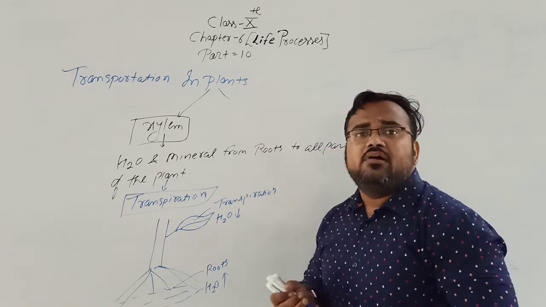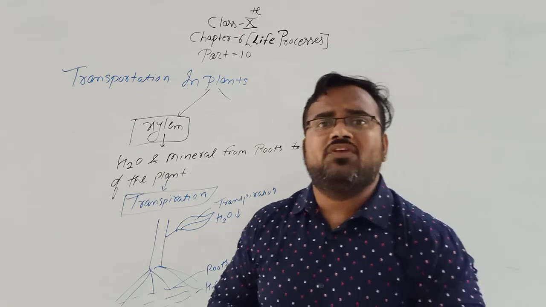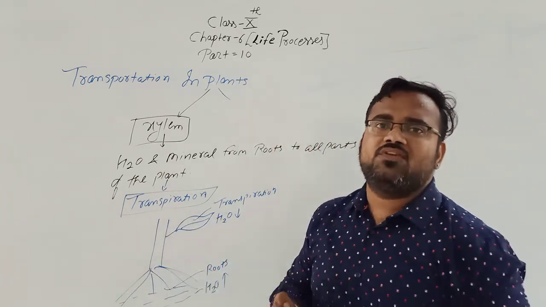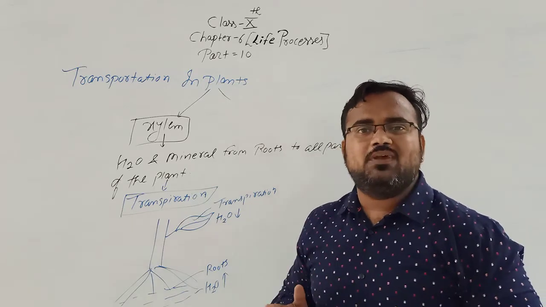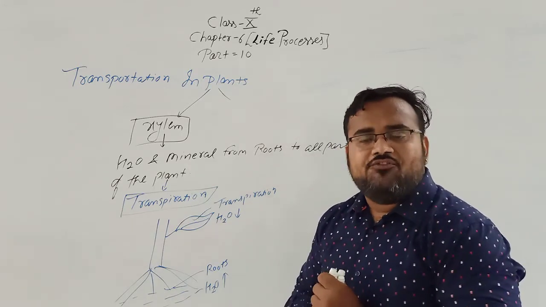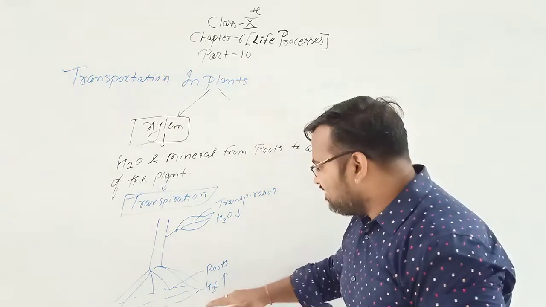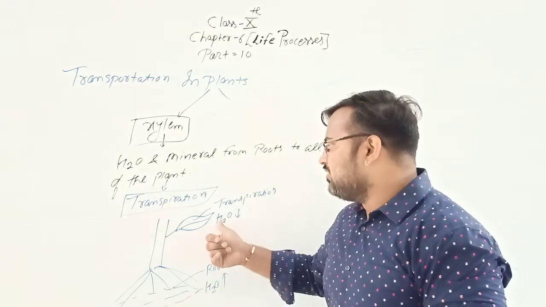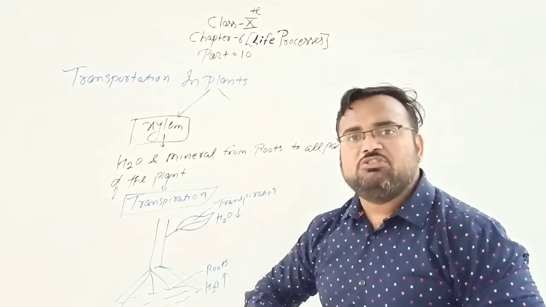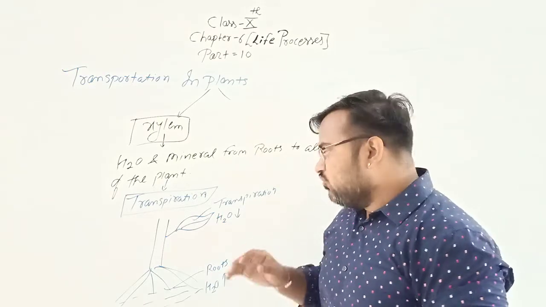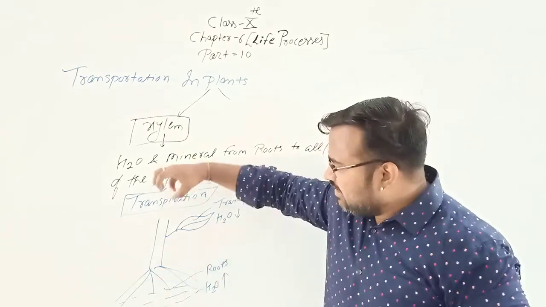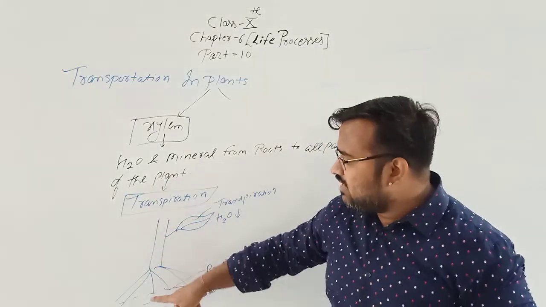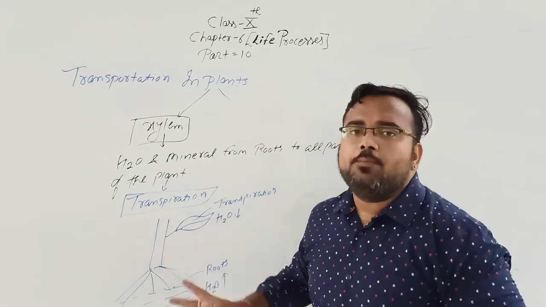Now as we have already discussed the process of osmosis, or we have already learned in class 9 the process of osmosis. Osmosis means the transfer of water from its higher concentration to the lower concentration. So by the process of osmosis, the water is sucked from the roots to all parts of the plant.